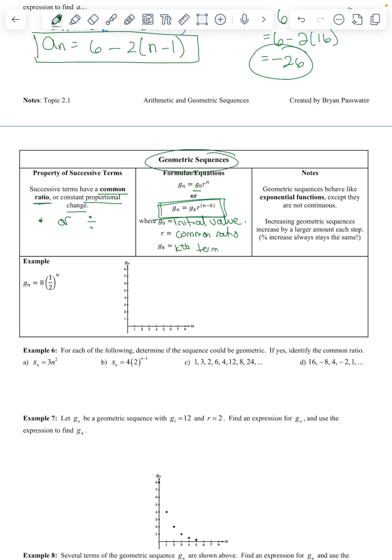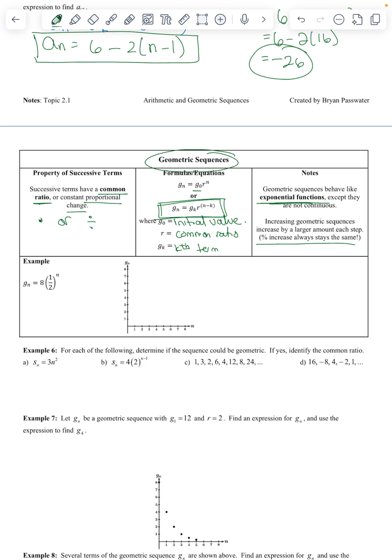Now, geometric sequences behave like exponential functions, except they are not continuous because we don't plug in the numbers between 0 and 1. Increasing geometric sequences increase by a larger amount each step. That's why it's considered exponential. The percent increase always stays the same, but the change is different from step to step.